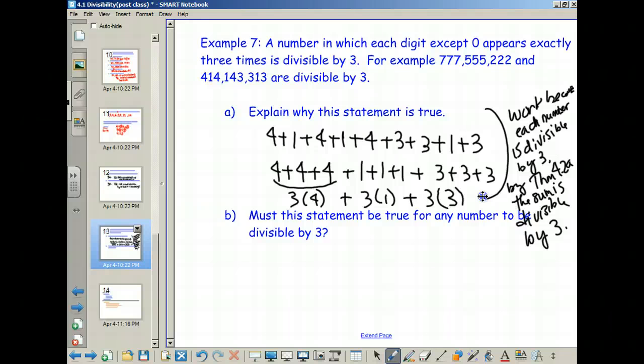What is the rest of it say? It says it works because each number is divisible by 3. So by theorem 4.2a, the sum is divisible by 3.